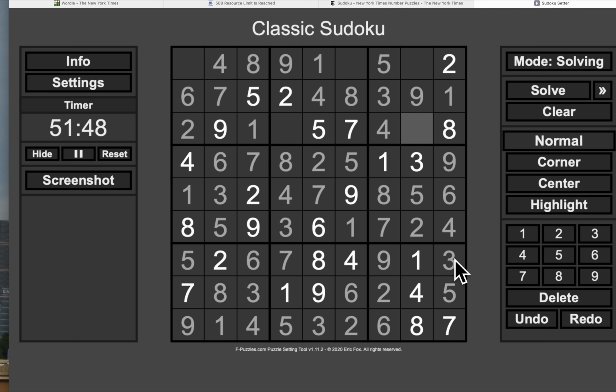Let's see what else I can fill in. This is not 1, 2, 3, 4, 5. Okay, this is 6 or 7. That 7 tells me that's a 6.